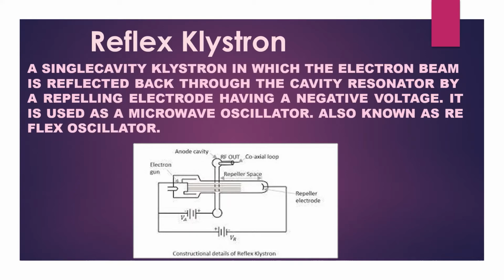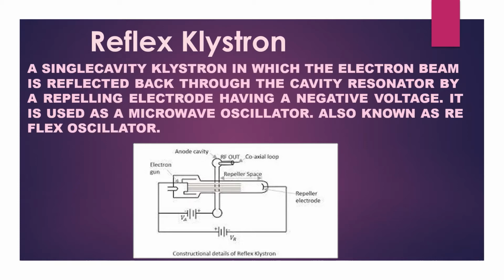It is a vacuum tube. On the one end you have the electron gun assembly, and the other end has a repeller electrode. The repeller electrode is connected to a negative potential, that is the repeller voltage VR.